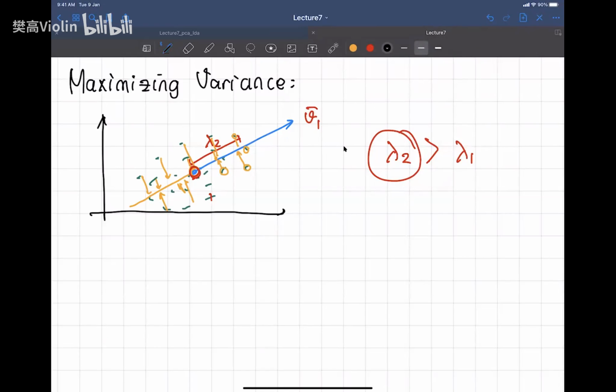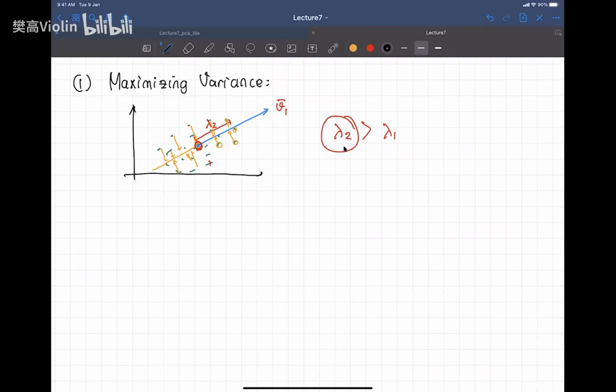So mathematically speaking, the variance here equals 1 over n, because assuming that there are n points and samples, and this is a sum over n equals 1 up to n for all data. Then we transform this one.